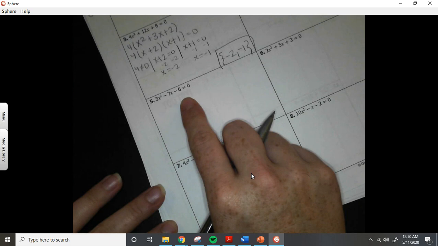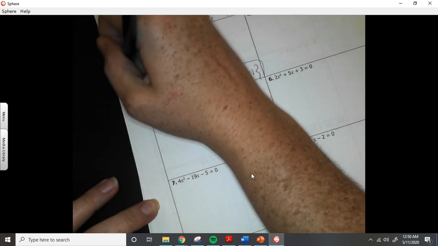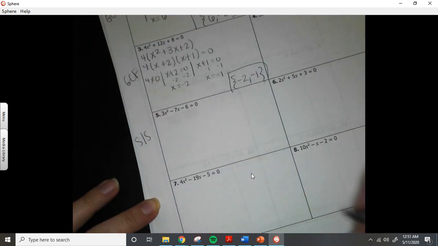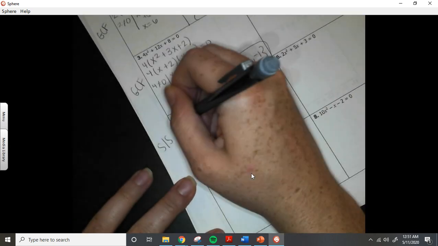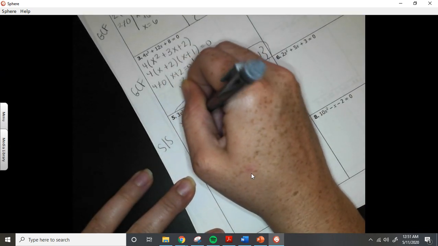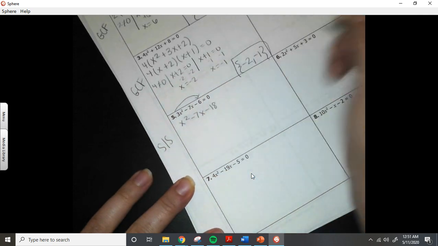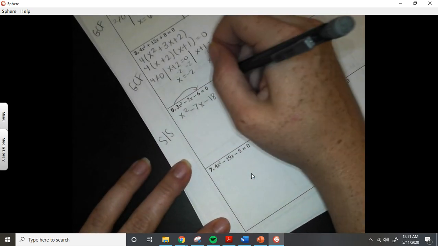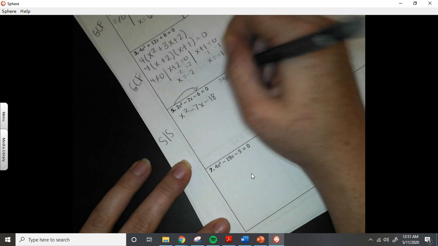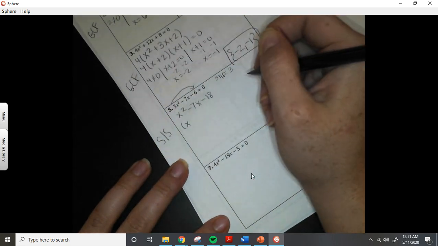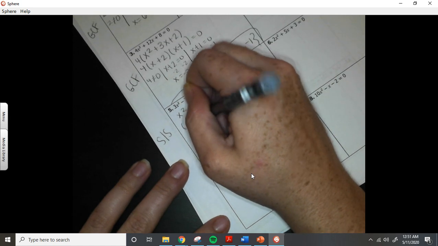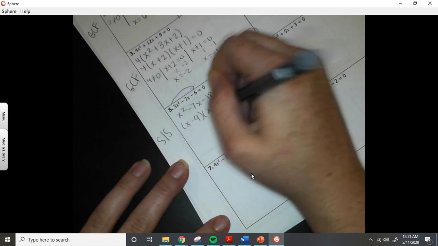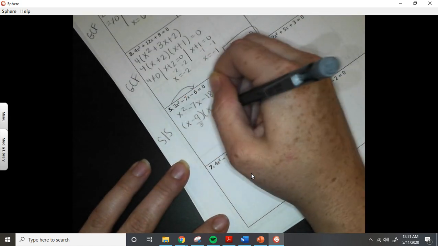Okay, we cannot take out a GCF here, so this is going to be slip and slide. We slip this 3 over, so this becomes x squared minus 7x minus 18, and you're going to factor. We slipped a 3, so x minus 9 times x plus 2, and then you're going to divide by 3.